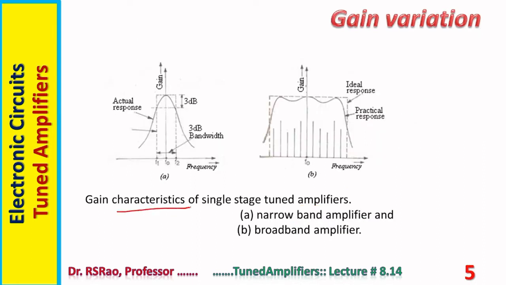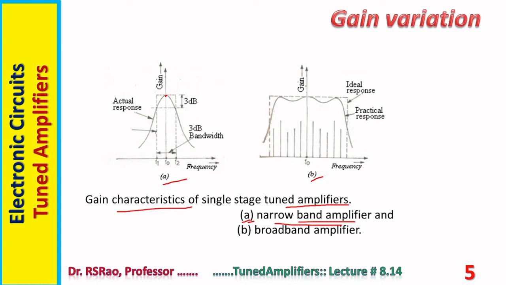Here is shown the gain characteristics of single stage tuned amplifiers, A and B. In A is shown the narrow band amplifier characteristic. See, this bell curve is the gain characteristic. The maximum gain point is associated with the central frequency or resonant frequency. At frequencies F1 and F2, gain falls by 3 dB.